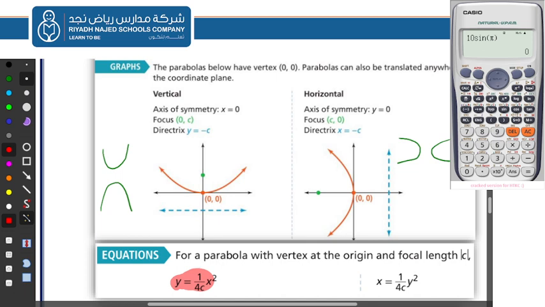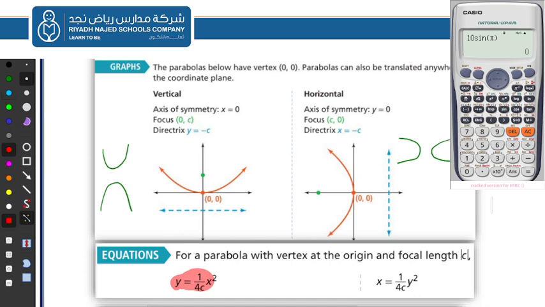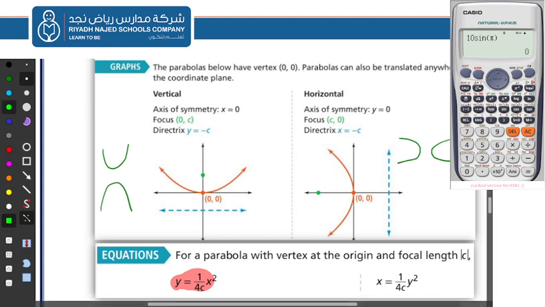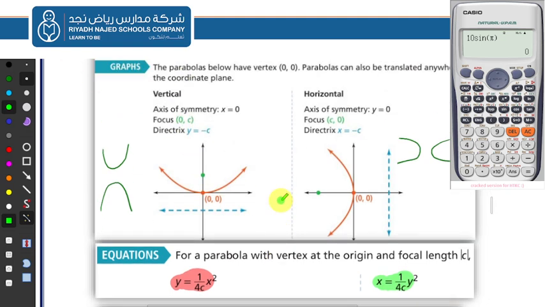But for the time being, just remember, for vertical parabolas, it is y equals something x squared. And for horizontal parabolas, this is very important, you will get the opposite. So instead of y equals, x equals. You switch the roles of x and y. X equals.